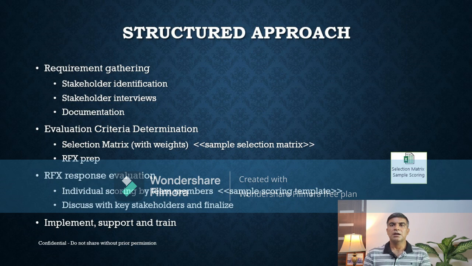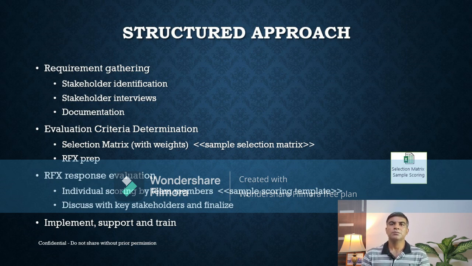But understanding who your key stakeholders are is the most important step you can have in any enterprise system implementation. Once you have identified the right stakeholders, engage those stakeholders, have one-on-one interviews, and then document the outcomes of the interviews and make sure that they are shared back with the stakeholders to further refine their inputs.